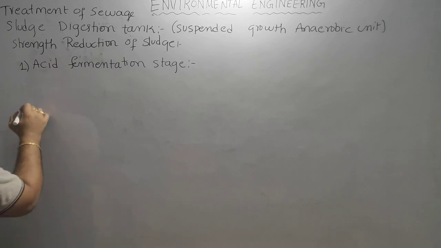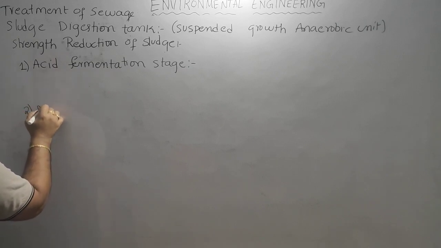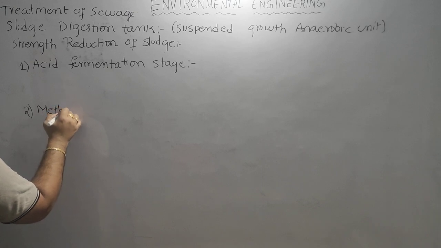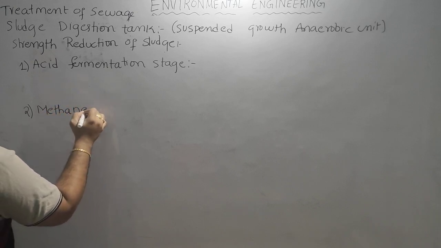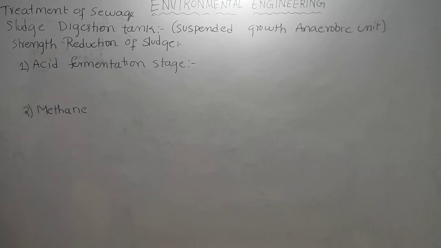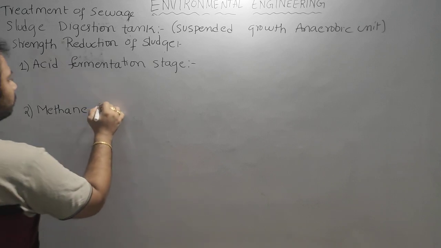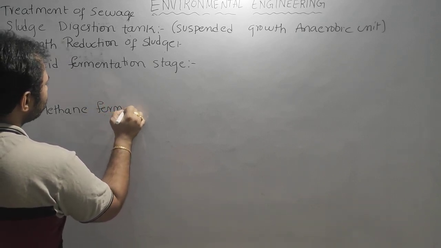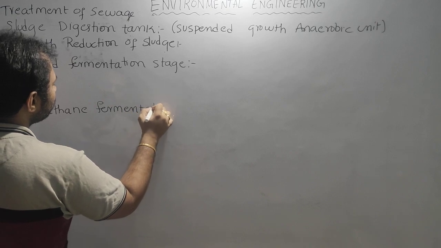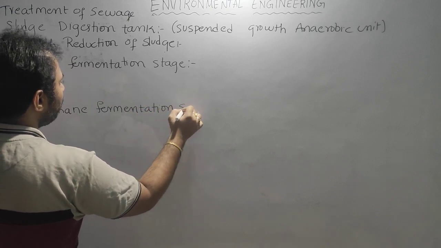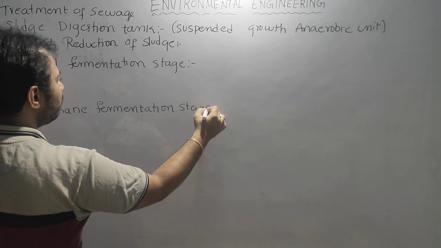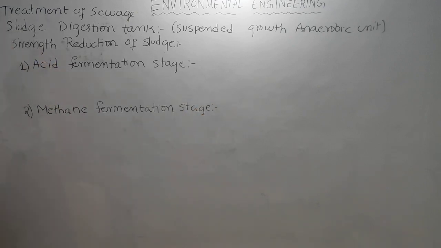In the second stage, methane fermentation, methane formers come and act on the sludge. They convert the sludge into methane gas and also CO2, H2S, but majorly 70% of the gas is methane only.